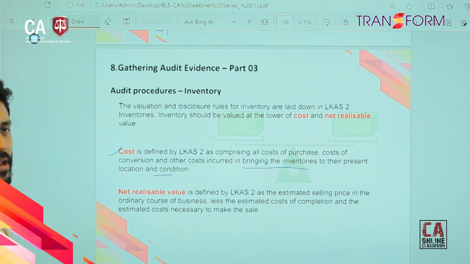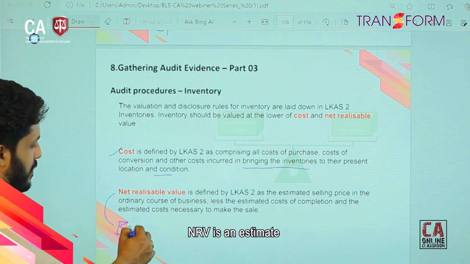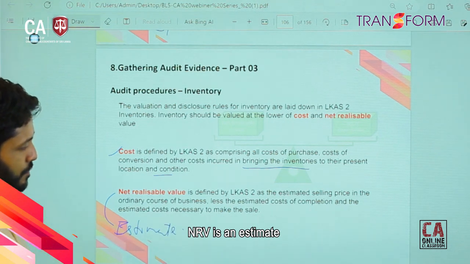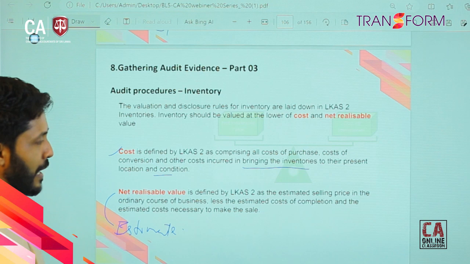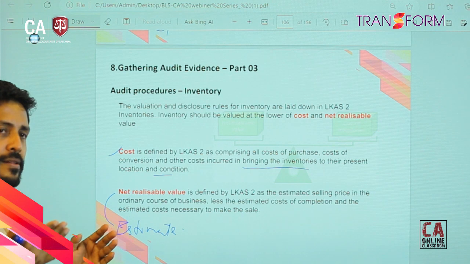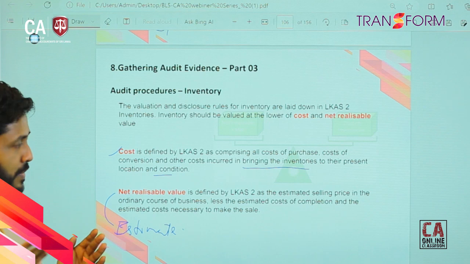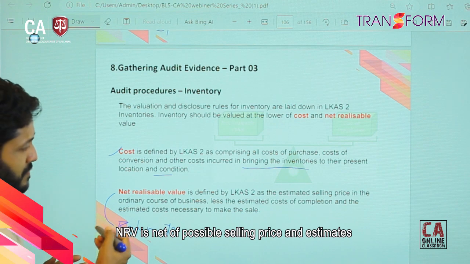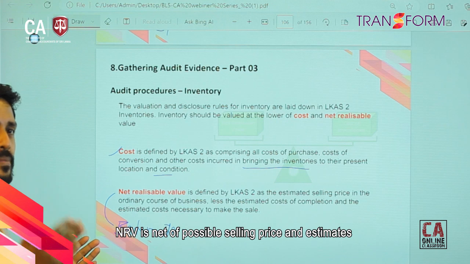So the net realizable value is a kind of an estimate, right? Estimate actually. How we can do that calculation is, whatever the inventory items we have, we need to estimate the future probable selling price and whatever the related cost to change that item to a sellable condition.